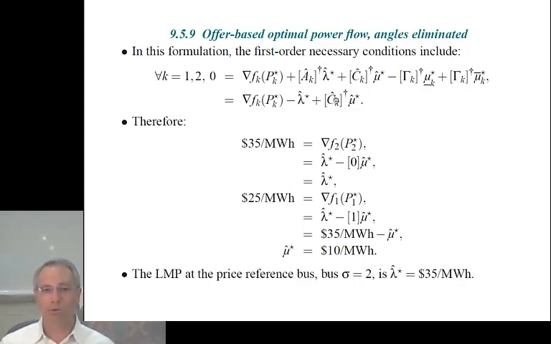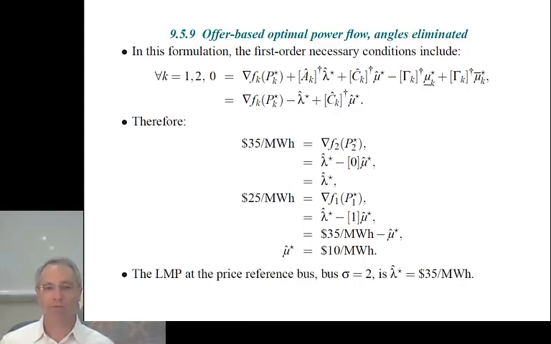In this case, it's equal to 1 for injection at bus 1, and that means on rearranging these terms, we obtain that 25 is equal to lambda hat star minus 1 times mu hat star. Lambda hat star is 35, so mu hat star is the difference between them. Mu hat star is $10 per megawatt hour.